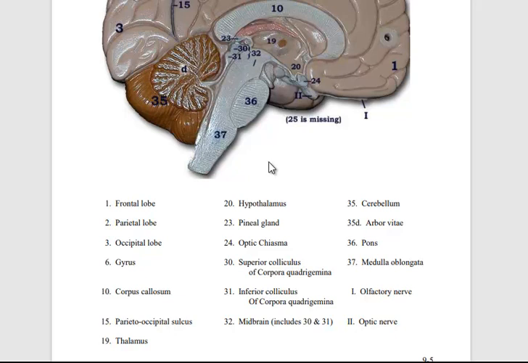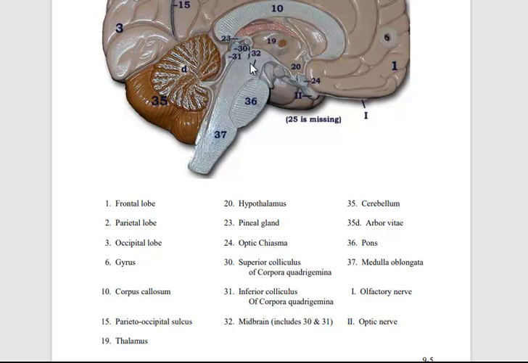And then you get the colliculus of the corpora quadrigemina. So try saying that really, really fast, or after you've had a beer. It just won't happen. And then 32 is considered to be the midbrain. So it's behind the pons. Right here's the pons.